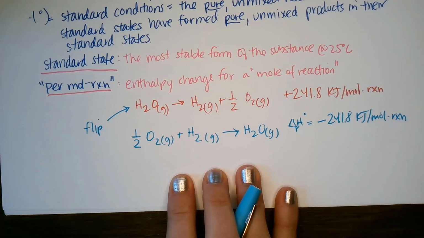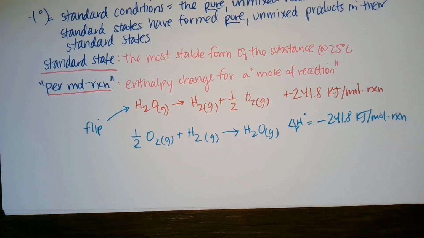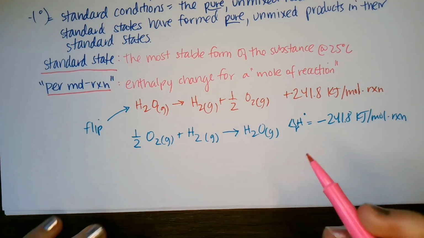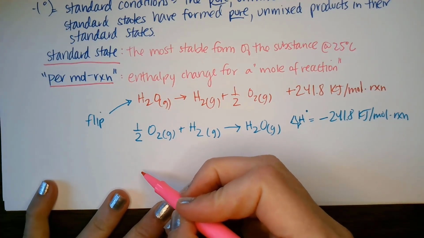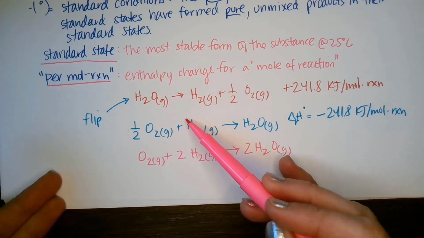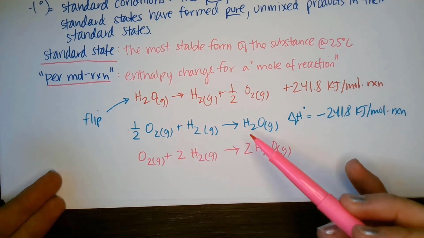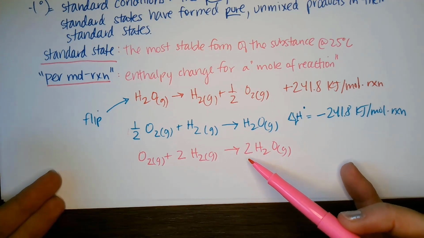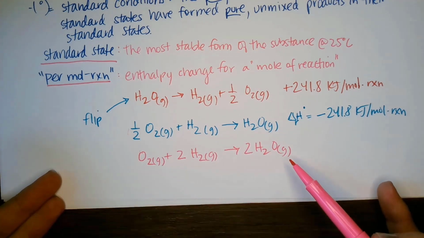Next, the value of our delta H depends on the chemical equation used. So let us write the equation for the formation of water again, but without a fractional coefficient for O2. In order to go from 1/2 to 1, I had to double it. To go from 1 to 2, I had to double it.